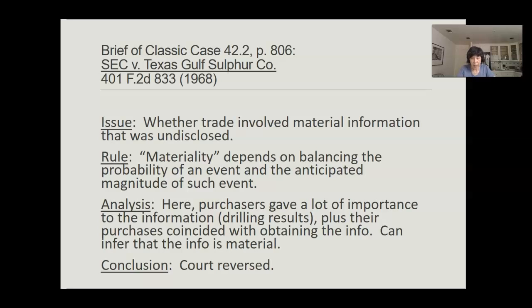The court said that it could infer that the discovery of the gas deposits was material to the purchase just based on the timing of the purchases. And the court concluded that insider trading could be found here. So the court reversed the decision and sent it back to the trial court for ongoing review.